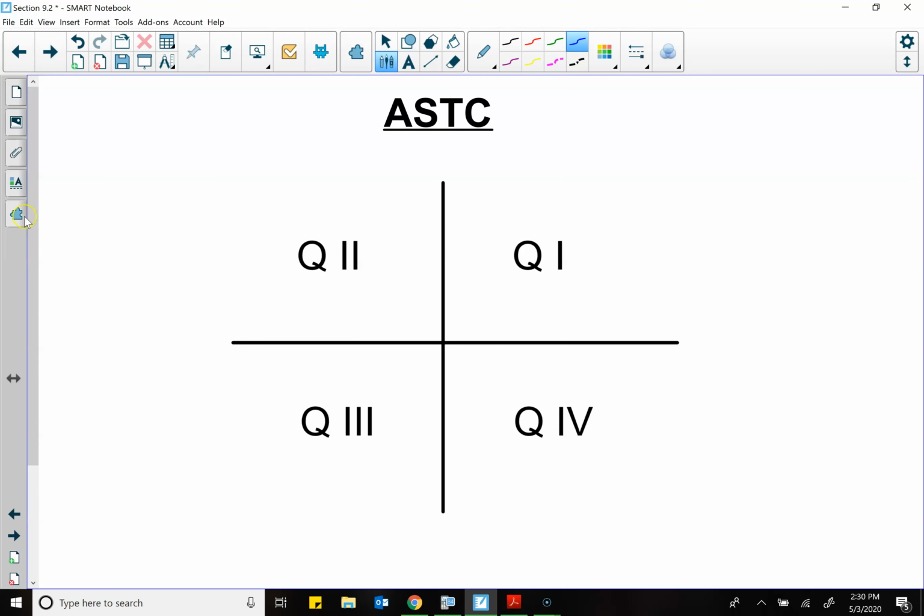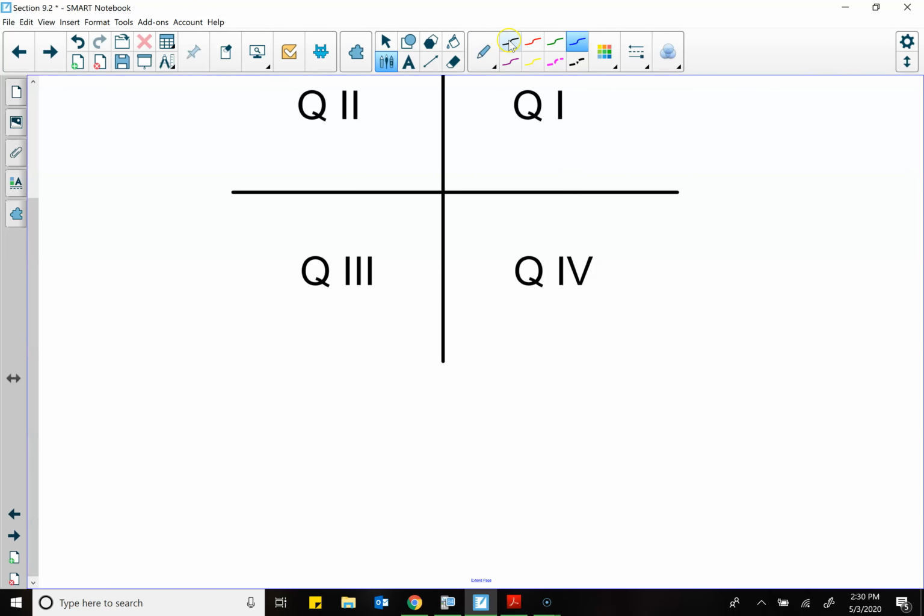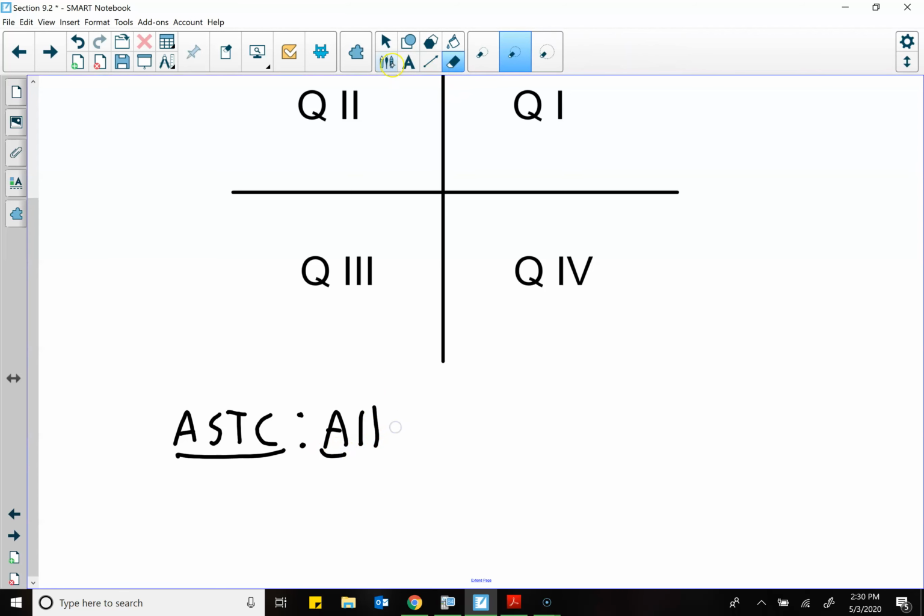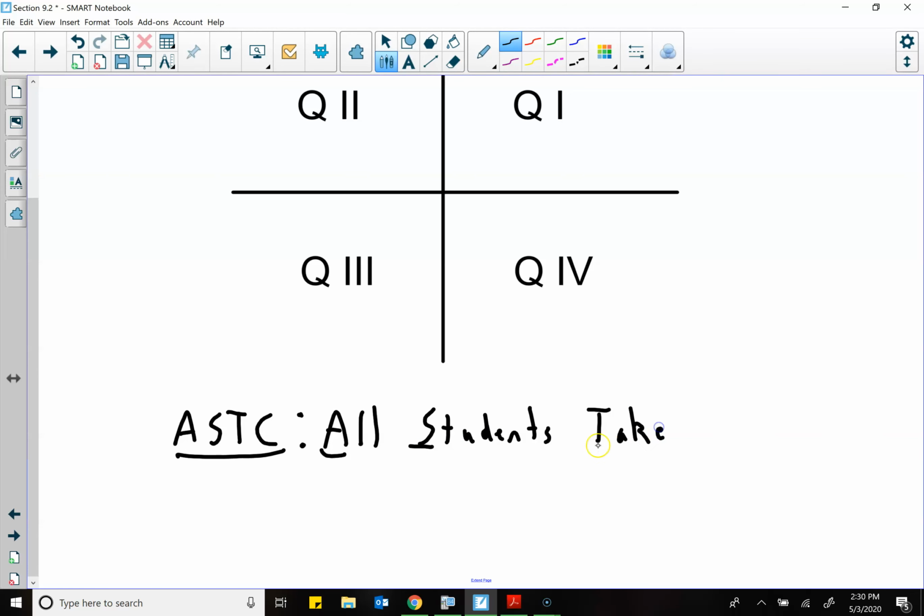So this ASTC, the acronym I want you to understand for that, so you don't have to memorize it as ASTC, is: all, there's the A, students, there's the S, take, there's the T, calculus.